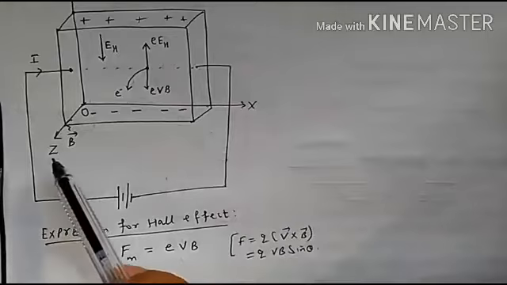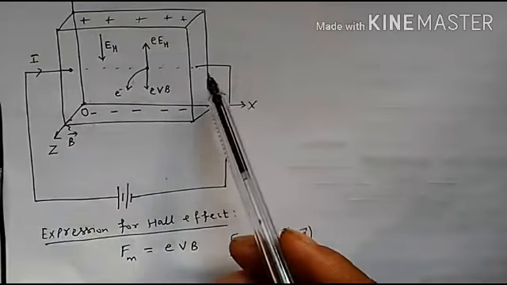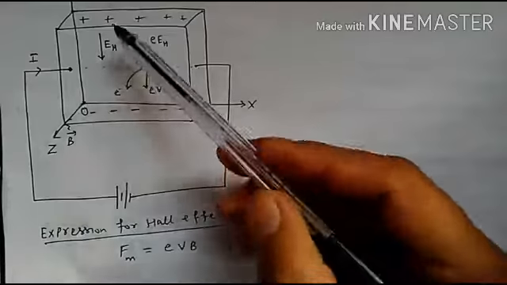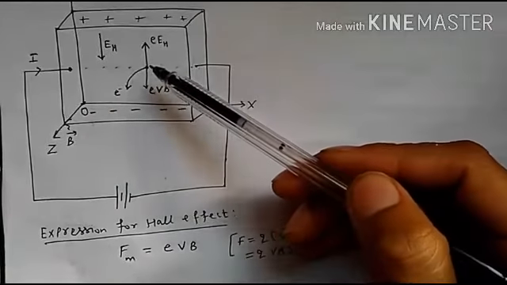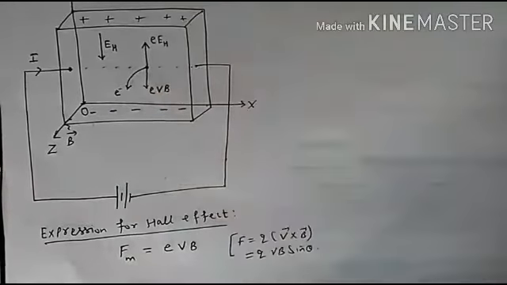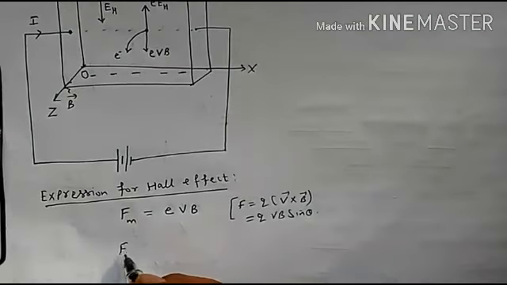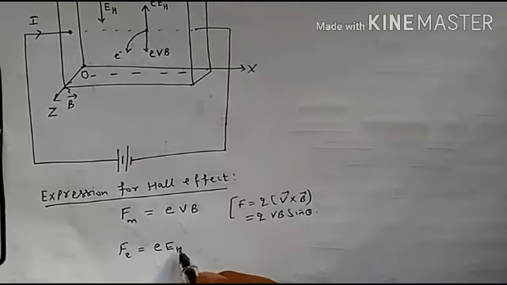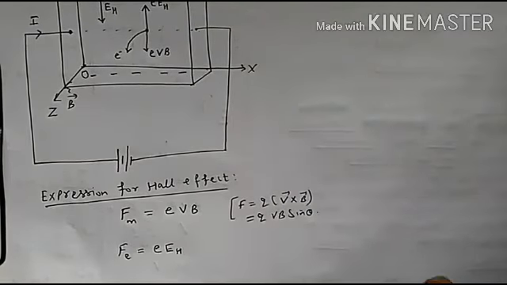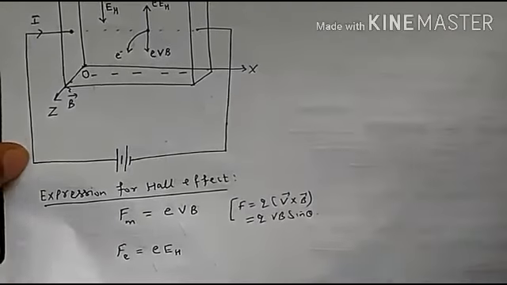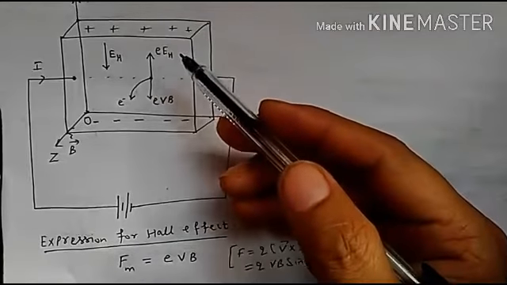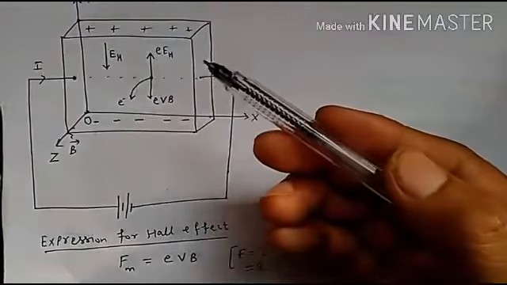In this case the magnetic field is perpendicular to the motion of the electron, so theta is 90 degree, so we get qvB. Again, due to Hall field, electron will experience electric force, and that force is given by Fe equal to charge into electric field, where EH is the Hall field, and this force is in the direction opposite to the Hall field, because electrons are negatively charged particle and they move always opposite to the electric field.